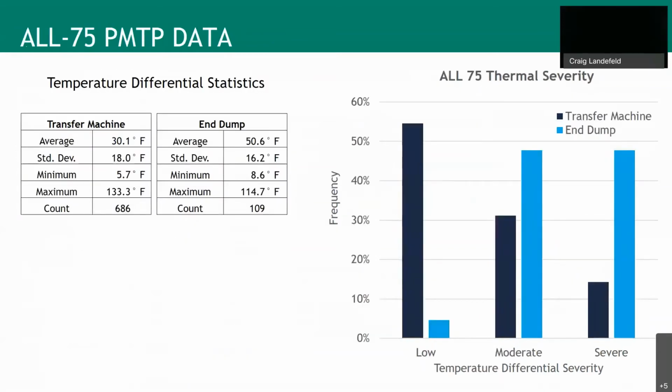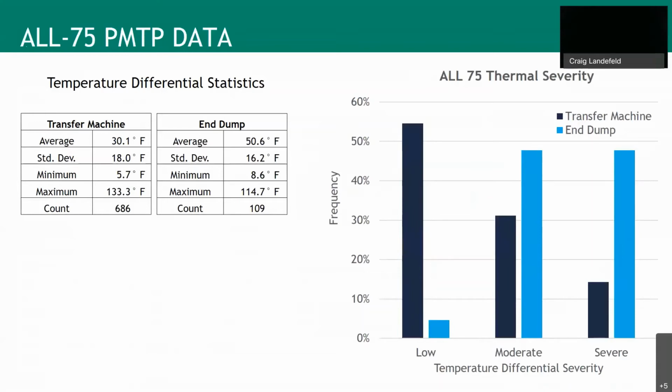So this is another project that we ran, and this was actually the Vogele unit, and this was the first time that we had seen that, so it was interesting to us. But this was also one of the RDM projects that we had done. So you'll see here some of the statistics, and obviously the transfer machine performed better from a thermal standpoint than end dumping on the project.